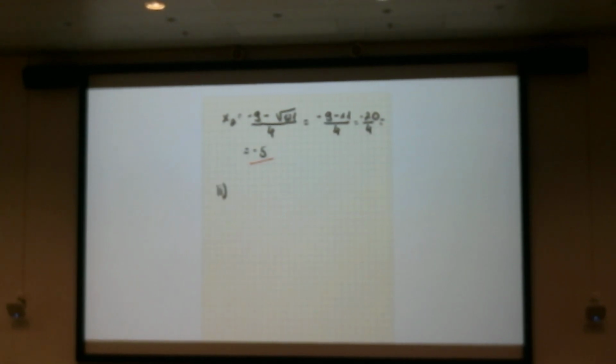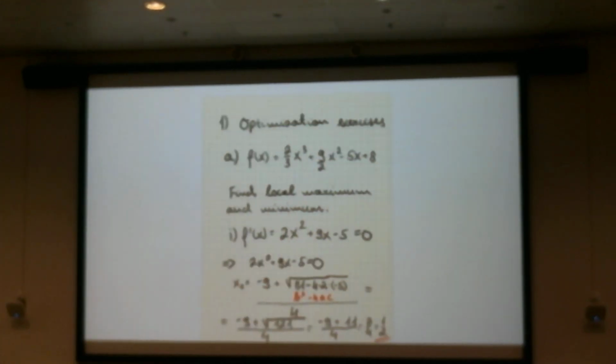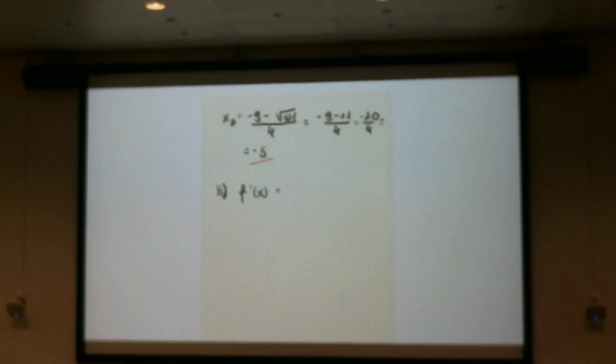So in the second step, we look at the second derivative. We can remind ourselves that the first derivative was given by 2x squared plus 9x minus 5.